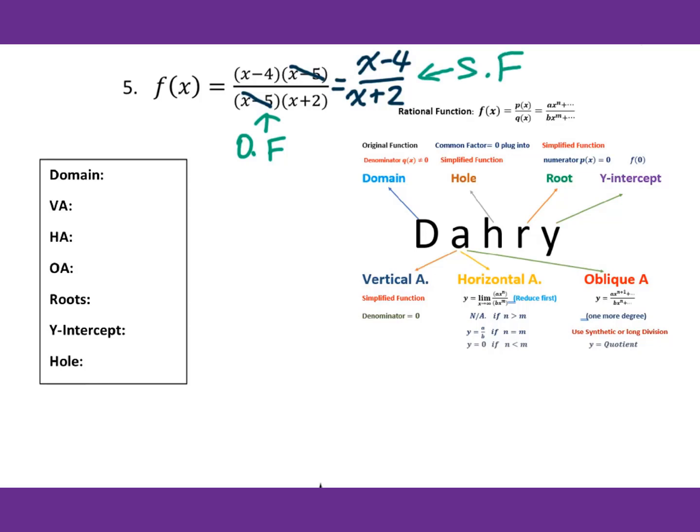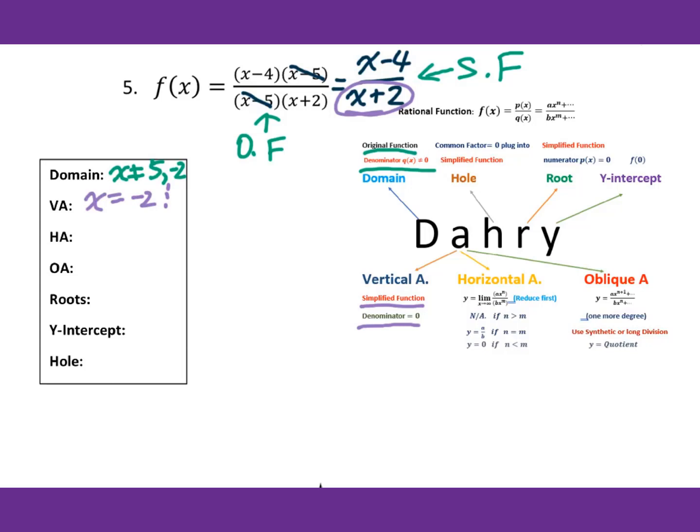For the domain, we make the original function's denominator not equal to 0. Therefore, x is not equal to 5 and negative 2. But for the vertical asymptote line, we go to the simplified function. Make the denominator equal to 0. We only make x plus 2 equal 0. That means x equals negative 2.